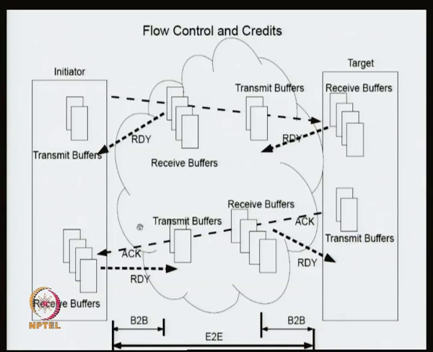This is the problem, and I have illustrated here that buffer to buffer is between these two, end to end is between this end and this end. All the delays essentially matter in Fibre Channel.